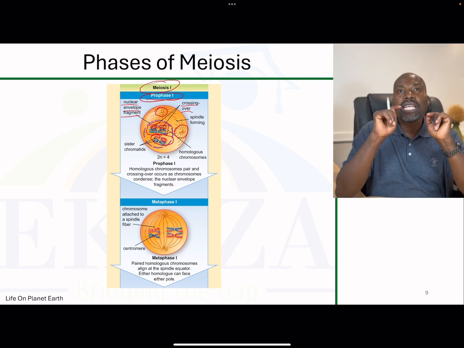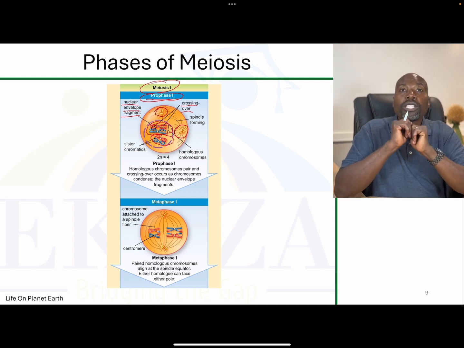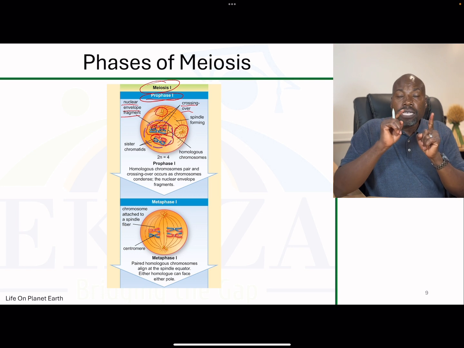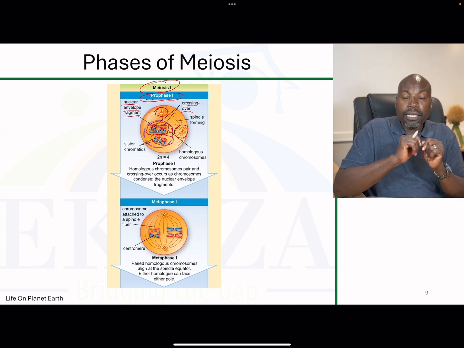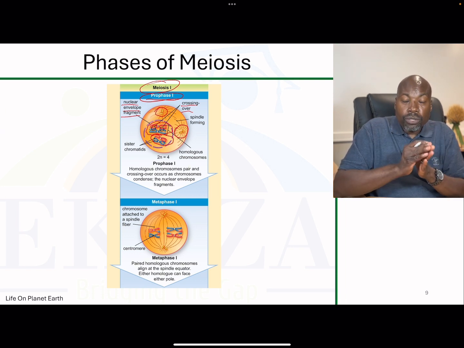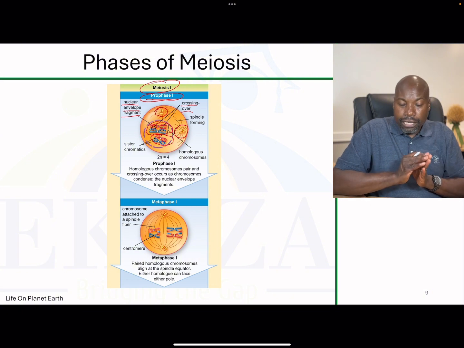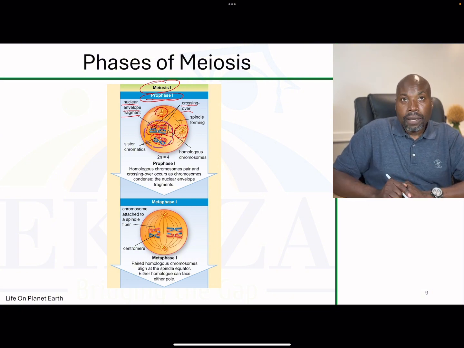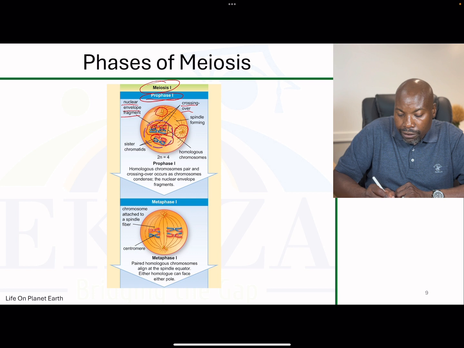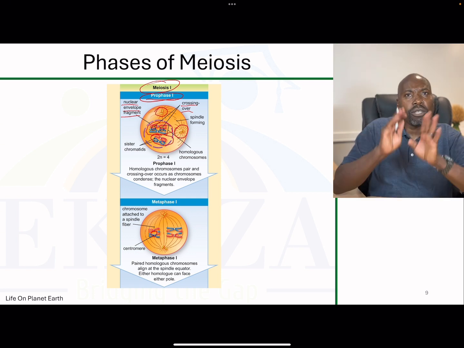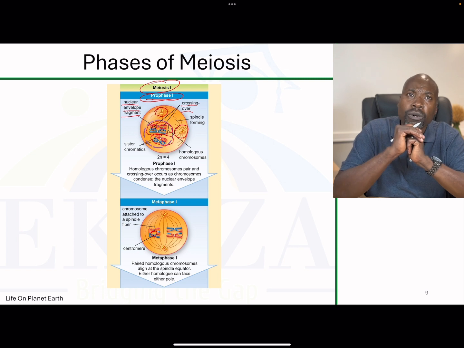Only the kinetochores that are visible are going to see some attachment of microtubules on them, right? Because of the formation of synapsis, some kinetochores are going to be hidden. But don't worry about that. I'm not going to bug you with that detail.